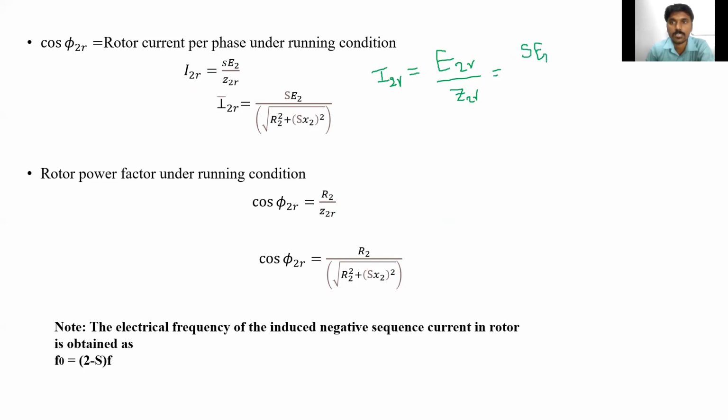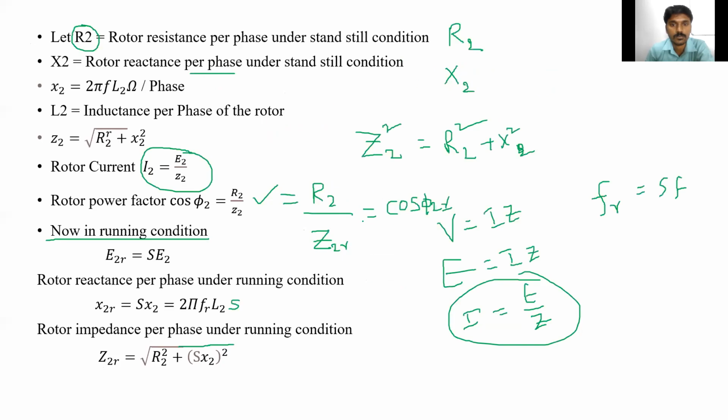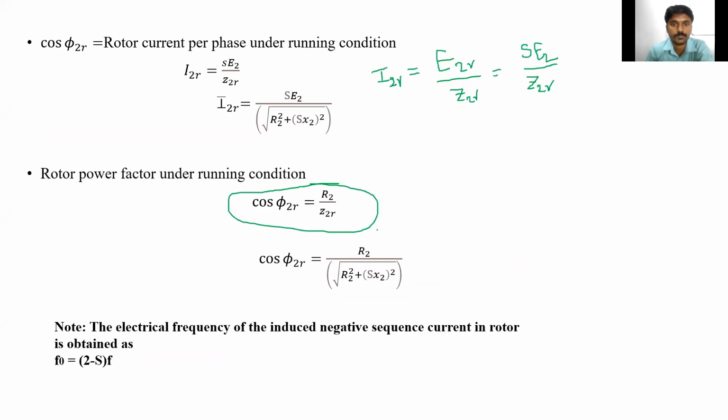So I2R is equal to S into E2 upon Z2R, which we can substitute: S E2 upon the square root of R2 square plus S X2 whole square. So here we have written the rotor power factor under the running condition like this.